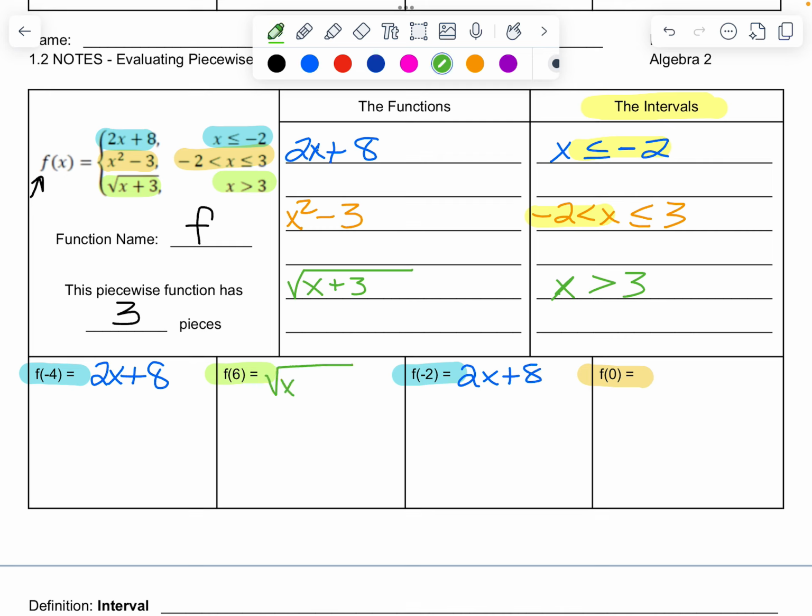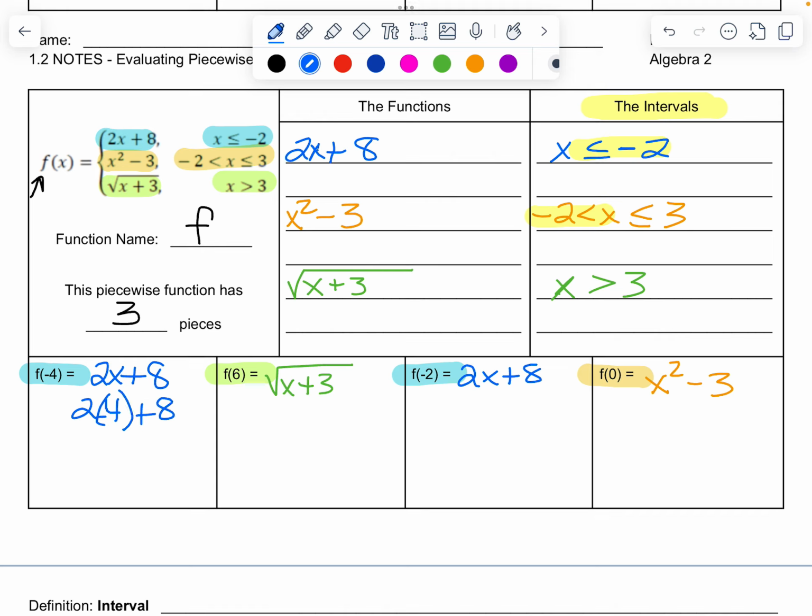I think this just helps me visualize what I'm going to be doing here. And from here, I will plug in the numbers. Wherever I see the x is where I plug things in.